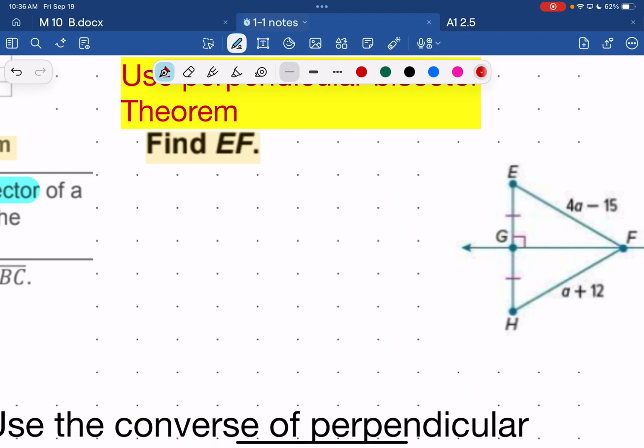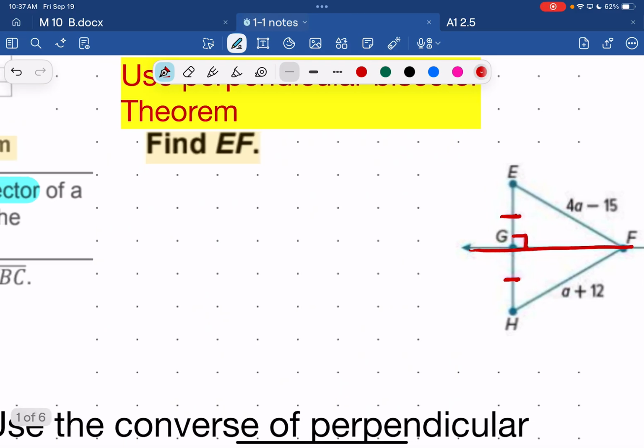Perfect. So we are going to use this theorem of perpendicular bisector, and we are going to find the length of EF. Now, if you look here, FG is a perpendicular bisector. What are the 2 symbols that tell us that FG is a perpendicular bisector? The right angle symbol, that tells us these 2 lines are perpendicular to each other. And bisector, EG and GH are congruent to each other, and we know by this pink line that two segments are congruent to each other.